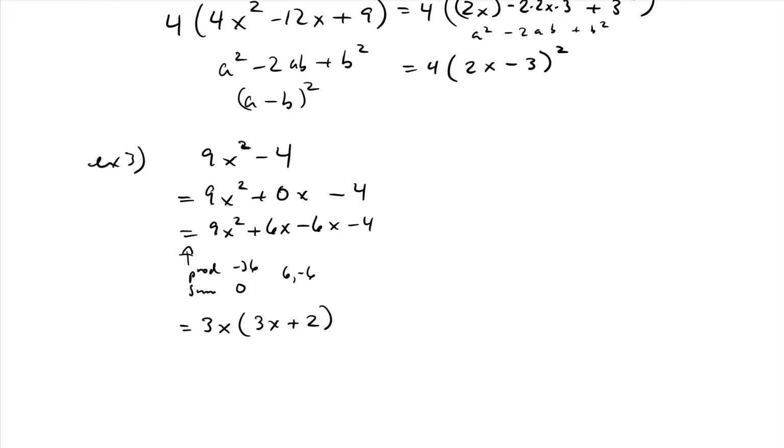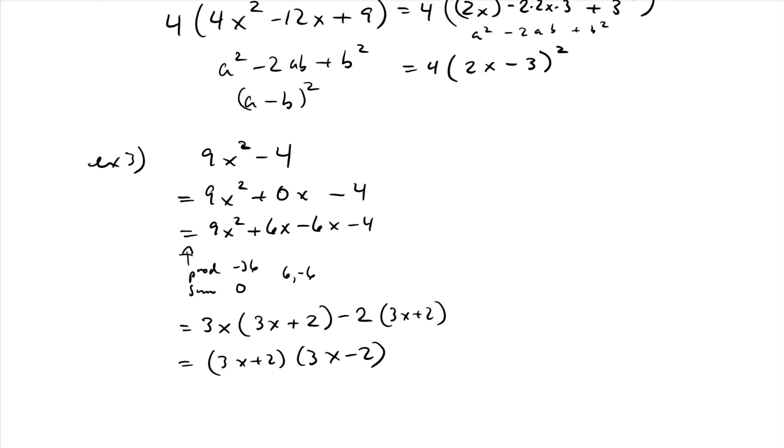And my goal is to get 3x plus 2 in the other pair, so I'm going to take out a minus 2, 3x plus 2. And overall, what do I get? I get 3x plus 2 times 3x minus 2. So actually, you see the factors are almost the same except for the difference in sign between them.